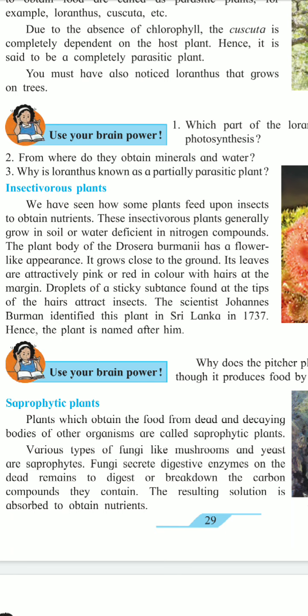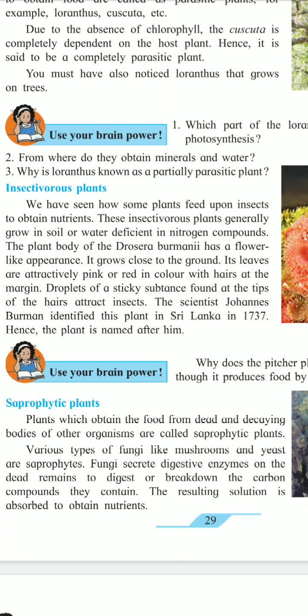The plant body of Drosera burmanni has a flower-like appearance. It grows close to the ground. Its leaves are attractively pink or red in color with hairs at the margin. Droplets of a sticky substance found at the tip of the hair attract insects.